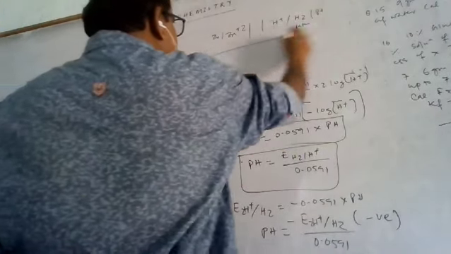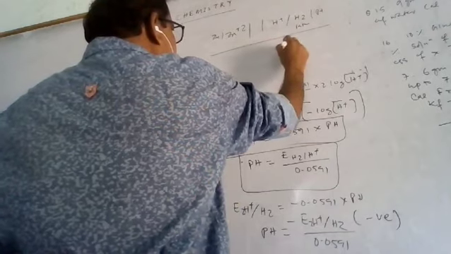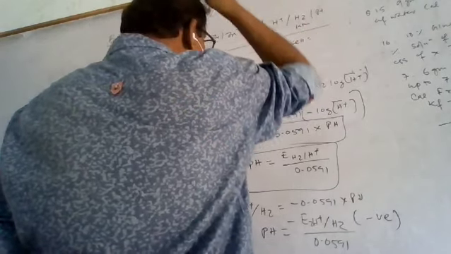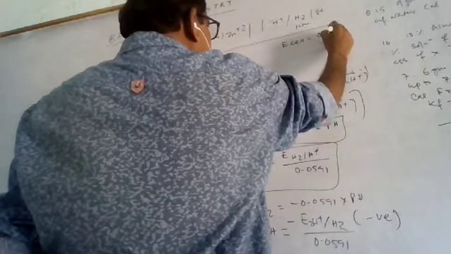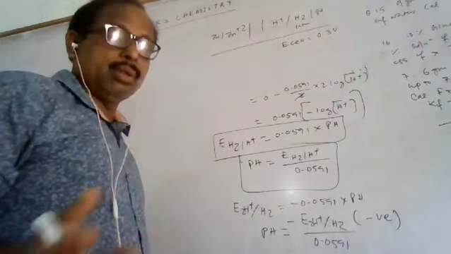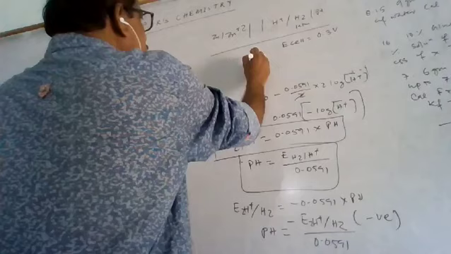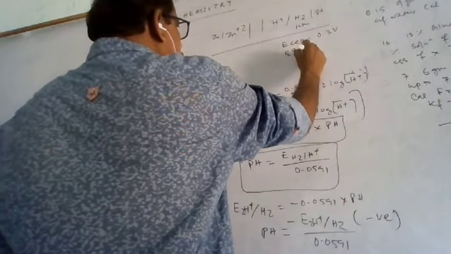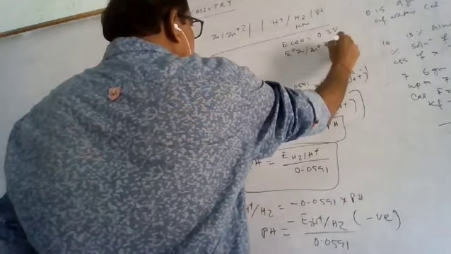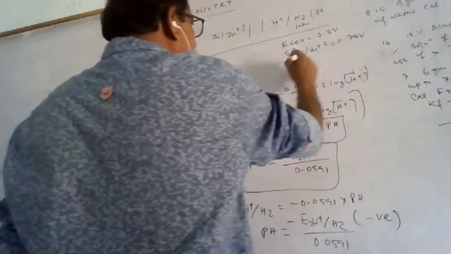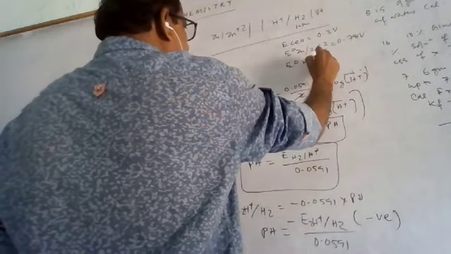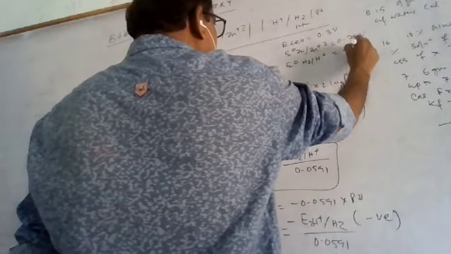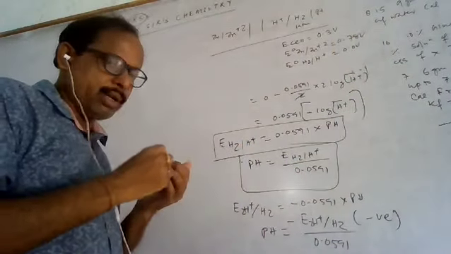Suppose for this cell the E cell value is given as 0.3 volt, and E naught Zn to Zn plus 2 is 0.78 volt, and E naught H2 to H plus is 0.01. These are the standard values given.